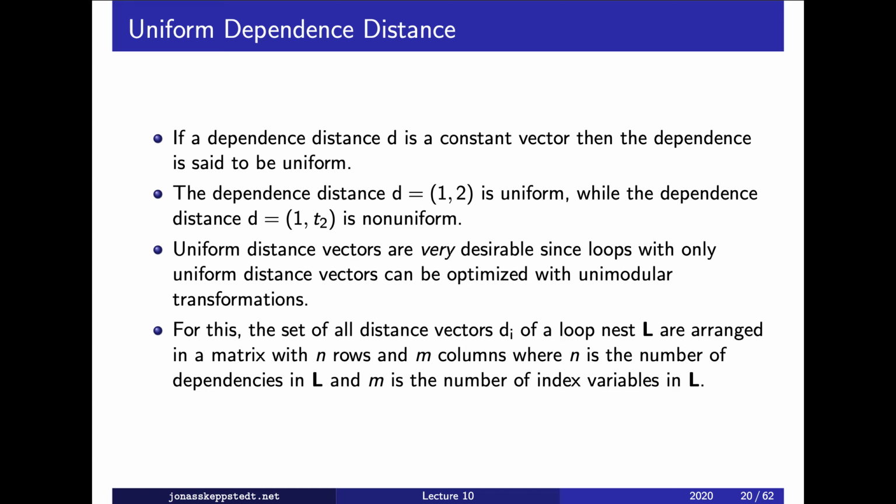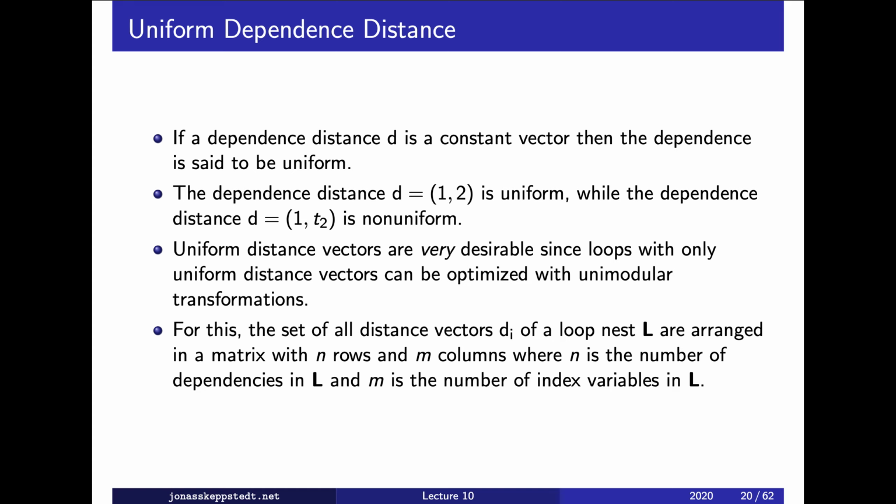Okay, so what we hope for is to get something called uniform dependence distances, and that is a dependence distance with only constants. The reason for that is that then we can use something called unimodular transformations to change the loop iteration order. We do the same iterations but in a different order.